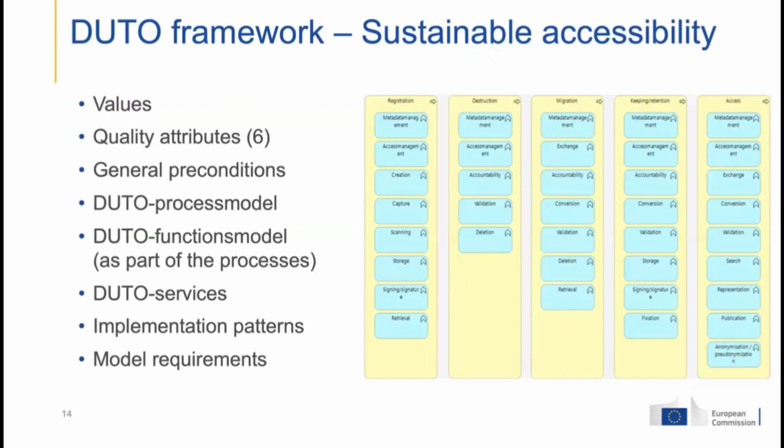And those blue parts are the functions that correspond with each of these processes. And those are used by the e-archiving reference working group to make the connection between the active life cycle of data within public sector organizations to the long-term digital archiving perspective.